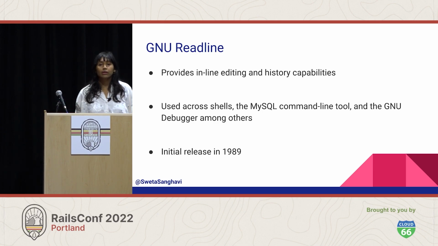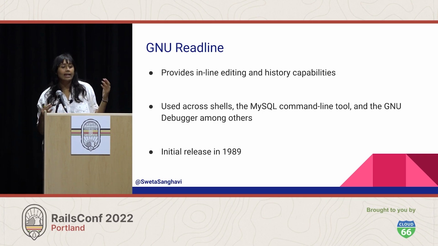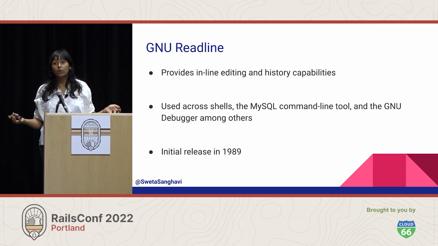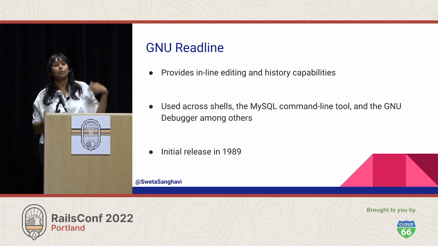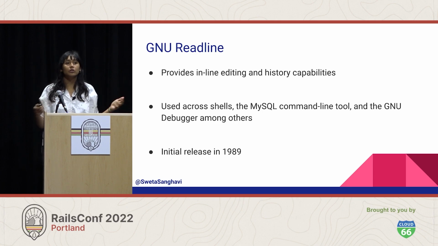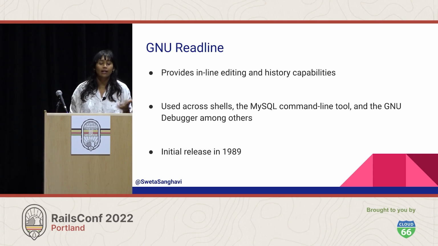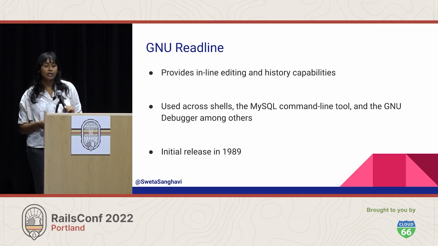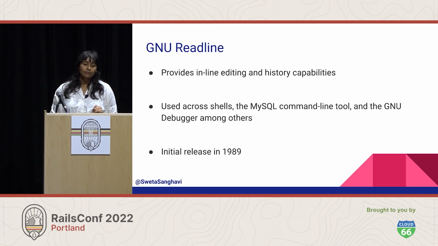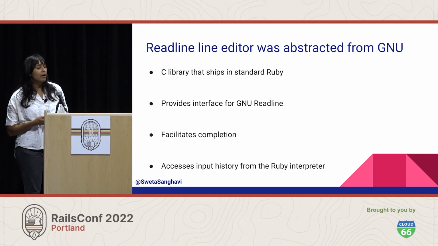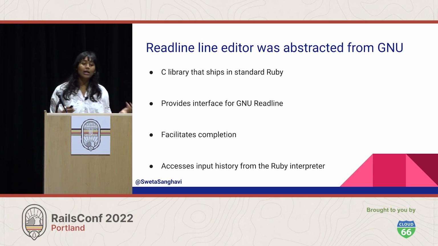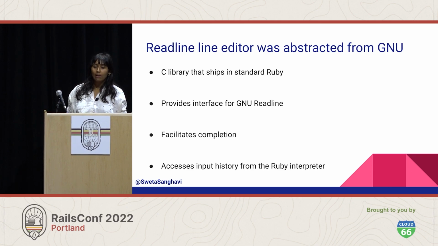This library was released in 1989, and it gives us some of the inline editing and history capabilities that we're used to seeing across shells. It's used in other shells, and it gives us both the input history and some of the shortcuts of actually navigating lines of code you're writing in your console. In Ruby, that functionality was provided by Readline, a line editor that was abstracted from the GNU Readline library.